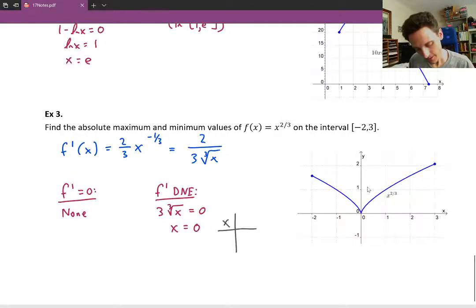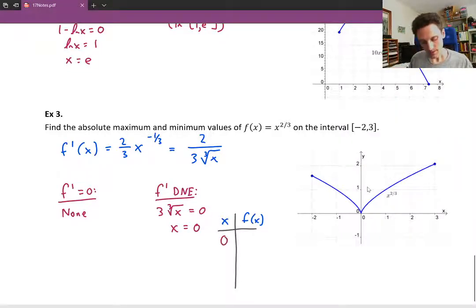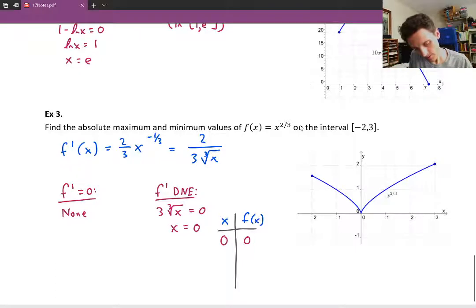Now we can take that and try to figure out where to put this. So here we have x and f of x. Here's the x equals 0 critical number that we found. If we plug that into the original function, we get 0 to the 2/3, which is 0. Then we can plug in the endpoints, which are -2 and 3.